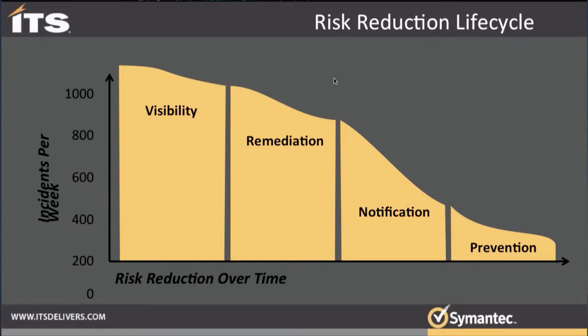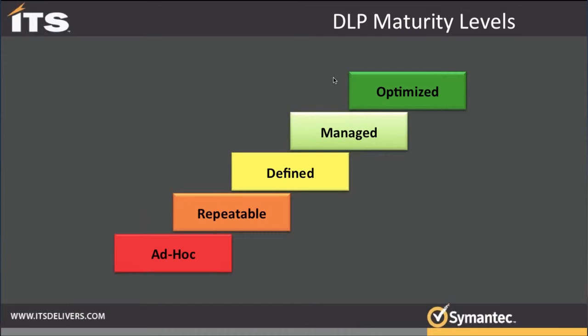So these are the various levels of DLP maturity. If you're the ITIL guys and gals out there, you're probably smiling and wringing your hands, and that's why I like this, as it follows that standard software capability model that we know and love from ITIL.